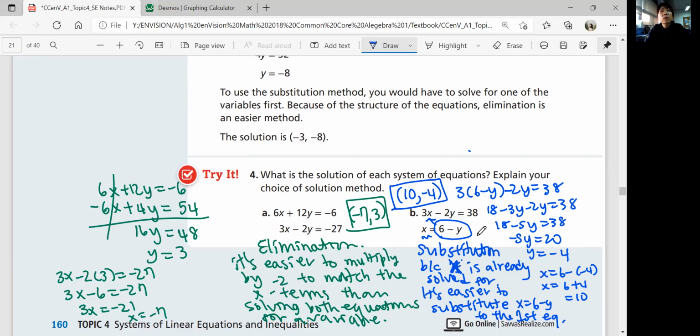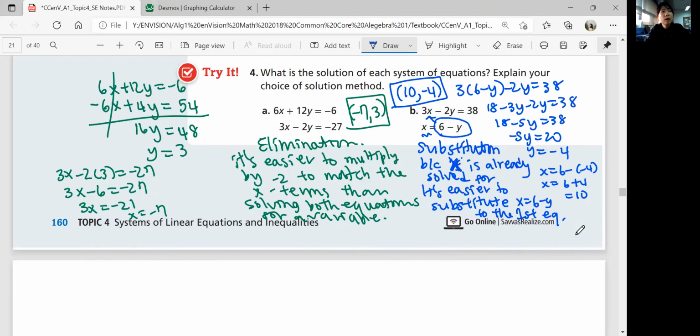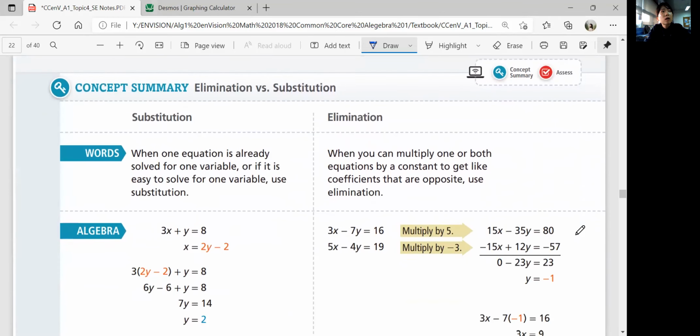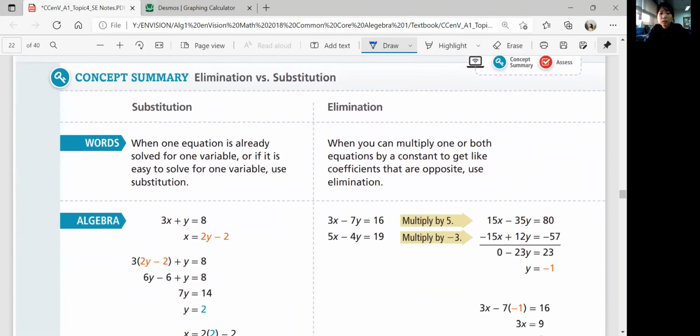There you go. Okay, so there are times where the elimination method is easier. There are times where the substitution method is easier. You need to look for the hints, okay, how the equations look. All right, so in this lesson, we learned about elimination versus substitution. What's the easier way for different types of situations?